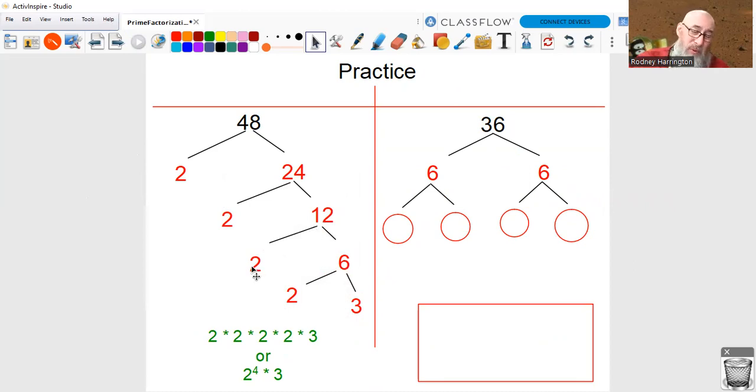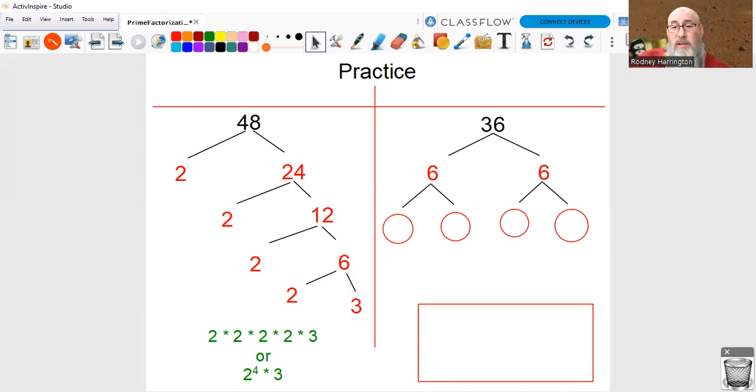You can also do 3 times 4. But for this particular example, I'm just using the 2's to stress we can always do the even numbers the easiest. And then we have 6, which is 2 times 3. And all of these are our primes. So 2 times 2 times 2 times 2 times 3 gives us our number of 48.